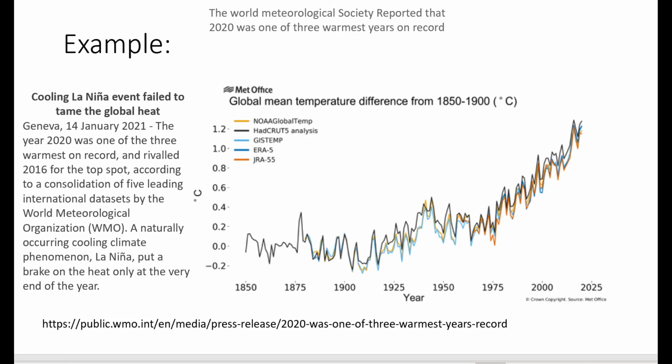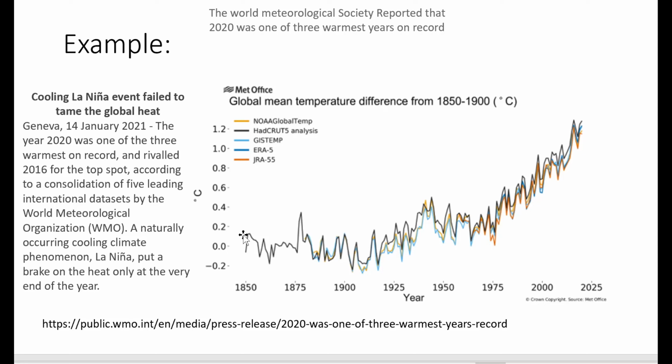1850 and 1900? So I think what they did, they basically took the mean temperature, they calculated the average temperature for those 50 years, and then later they compared all the consecutive years with the average temperature from year 1850 to 1900.